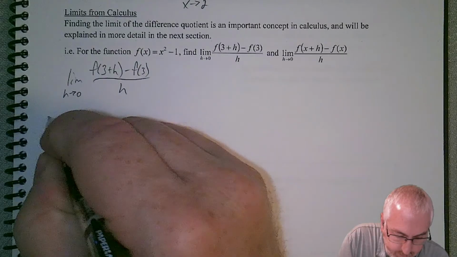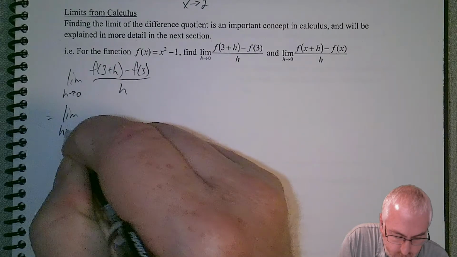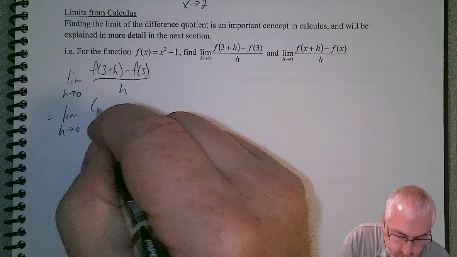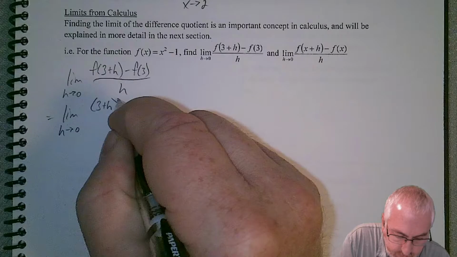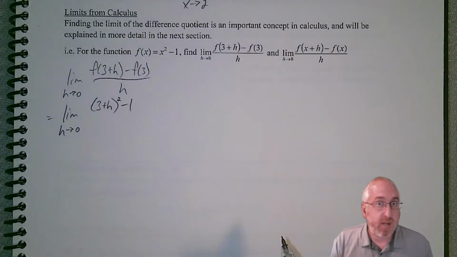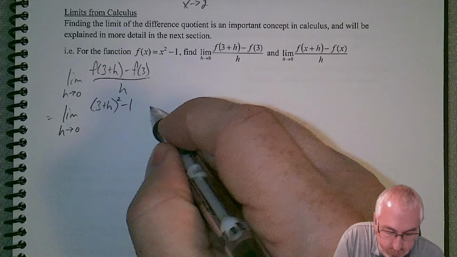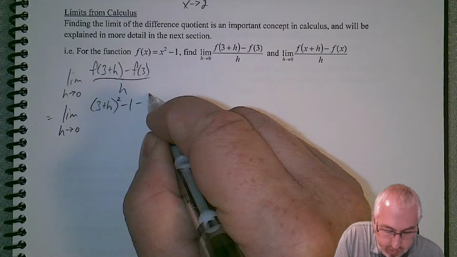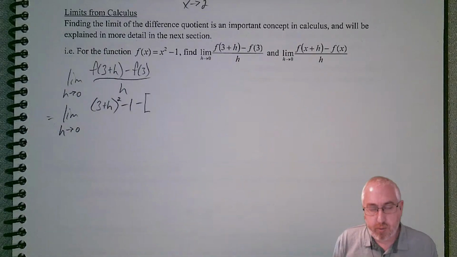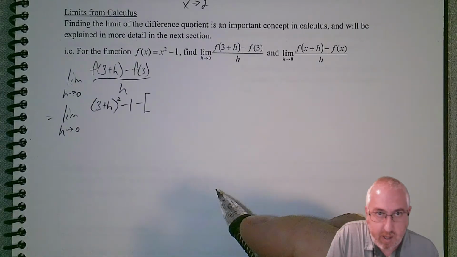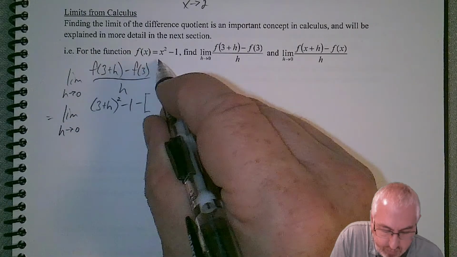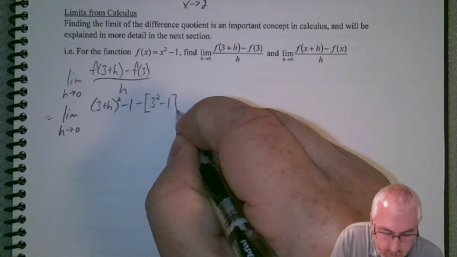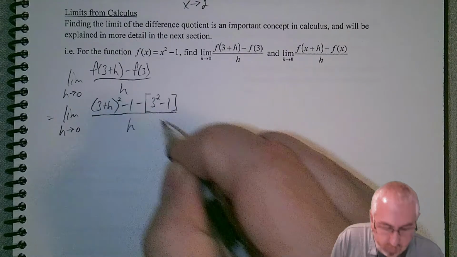So if we plug in 3 plus h, we'll use parentheses to be safe. So that should be f of 3 plus h. And now if we subtract f of 3, now I'm going to use square brackets, but you could use parentheses if you want. And we want to just plug in 3, so we know we should get 3 squared minus 1. And that should all be over h.